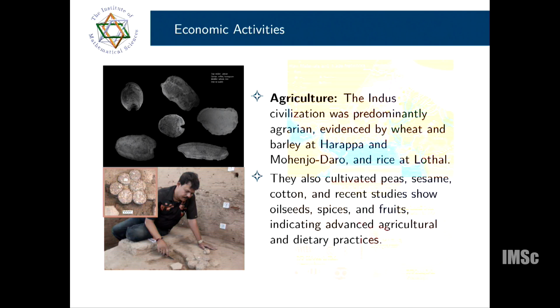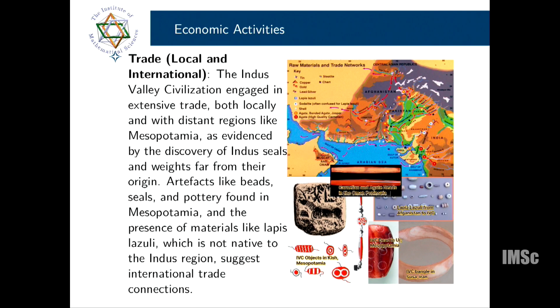As for the trade system, we know that trade was significant because there were civilizations in our neighborhood and close connections with them. A lot of seals have been found, and beads like those found in Mesopotamia and Susa.